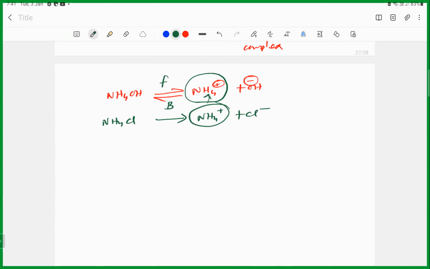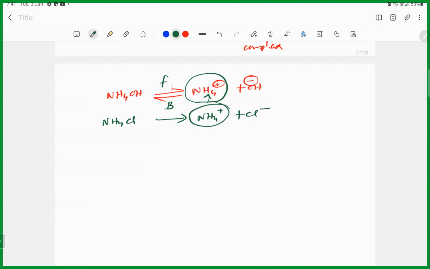If you are increasing the concentration of ammonium, will the forward or backward be suppressed? Which will be suppressed? Sir, forward. Very good. Forward.